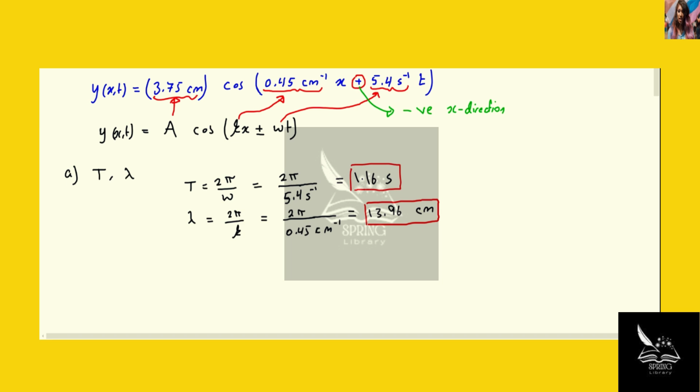In part B, we need to find the wave number and how many waves will pass through a specific point in a second. So the wave number is given from the wave function.